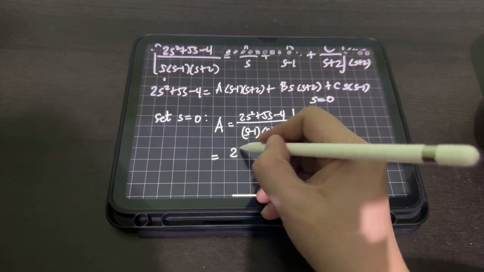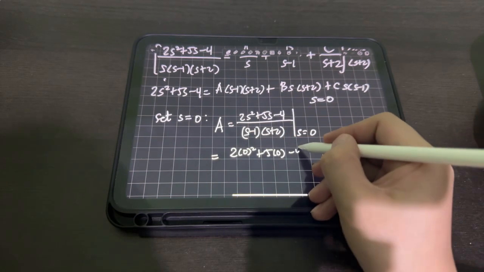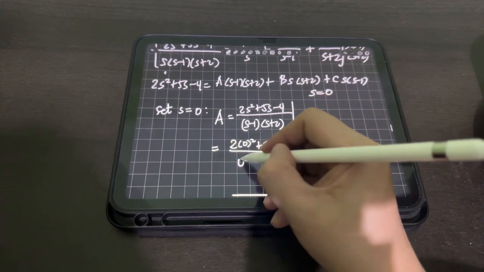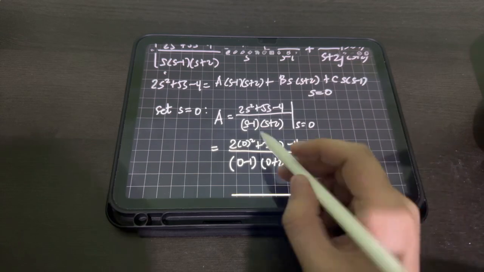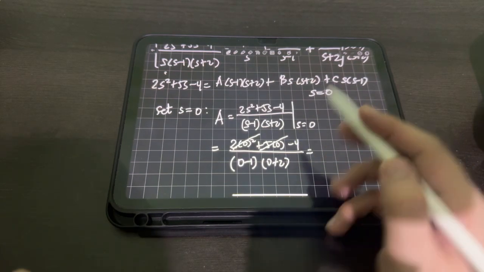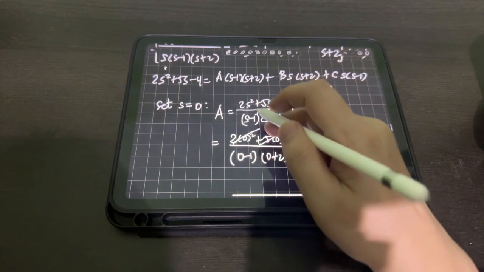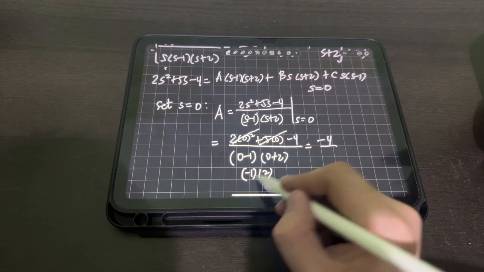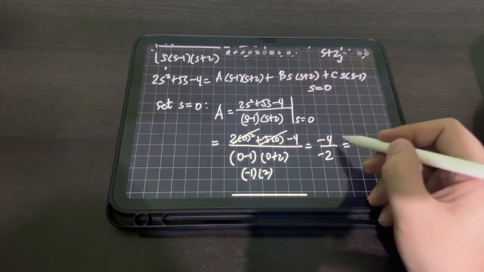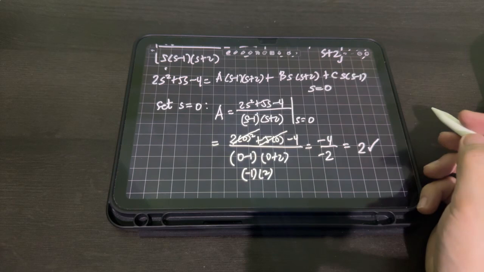So A is equal to 2 times 0 square plus 5 times 0 minus 4 over 0 minus 1 times 0 plus 2. So this will be 0. We just have negative 4 over 0 minus 1, it's negative 1 times 0 plus 2, 2. So negative 1 times 2, it's negative 2. So negative 4 divided by negative 2, it's positive 2.